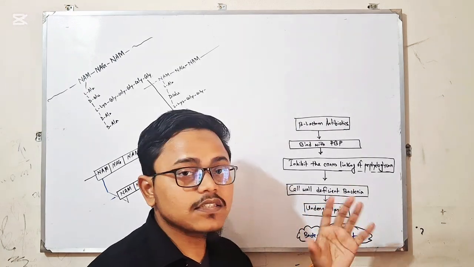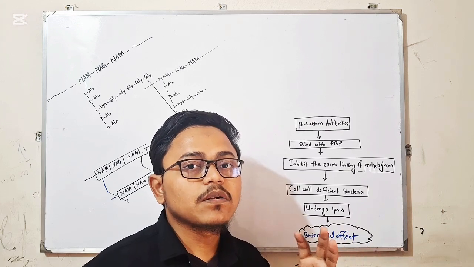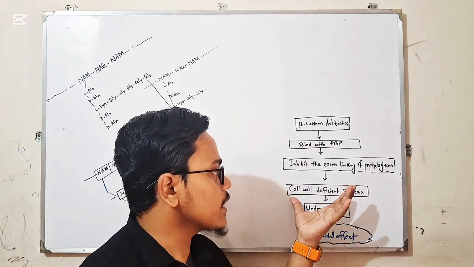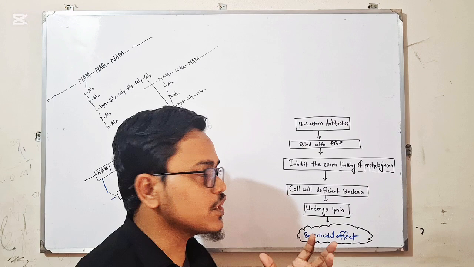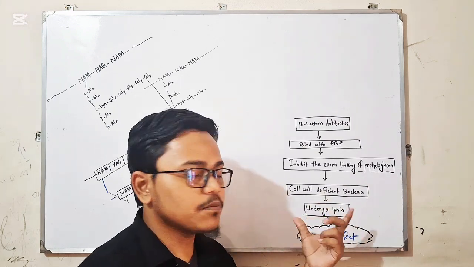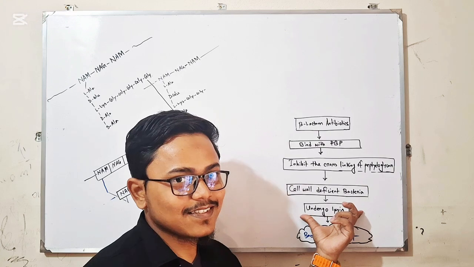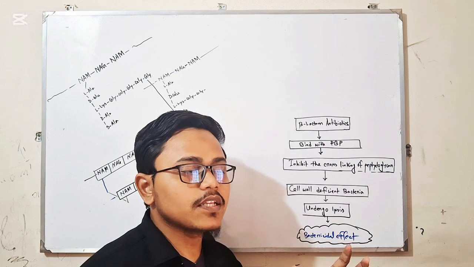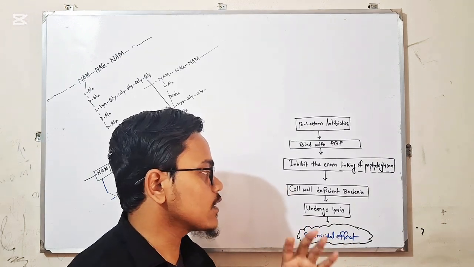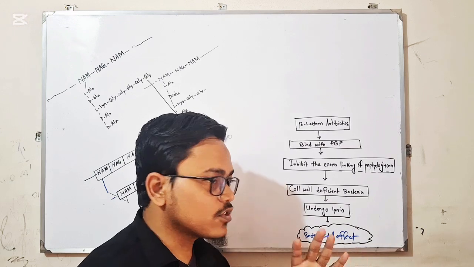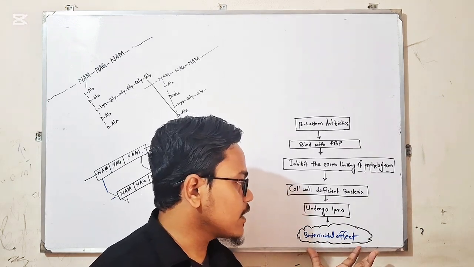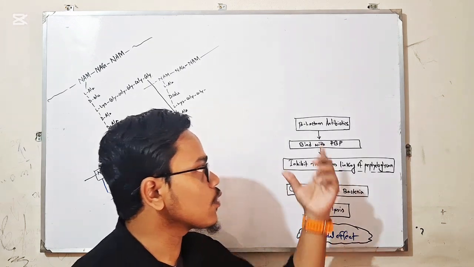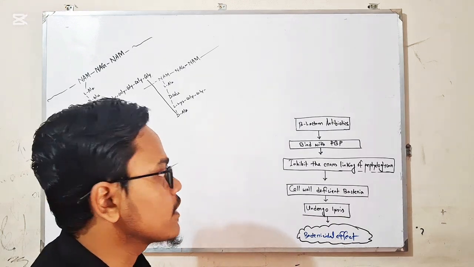As the bacteria cell wall synthesis is stopped and the bacteria become cell wall deficient, it must undergo lysis. Okay, so the organelles in the bacterial cell will undergo lysis and be destroyed. So we will get a bactericidal effect through the beta-lactam antibiotics.